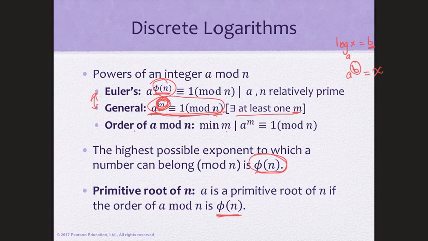Now, if the smallest that it can be raised to is actually phi itself, then there's only one possibility here, because the smallest is the largest possible, so there's only one possible value for m, and in that case we call a a primitive root of n.